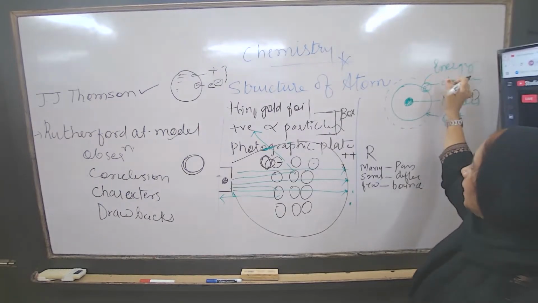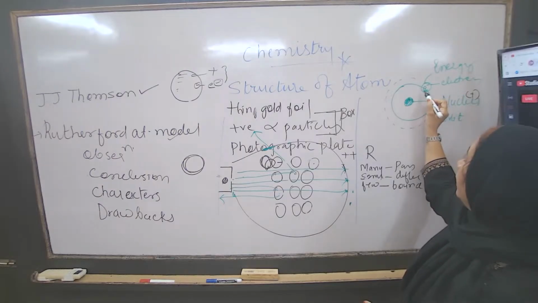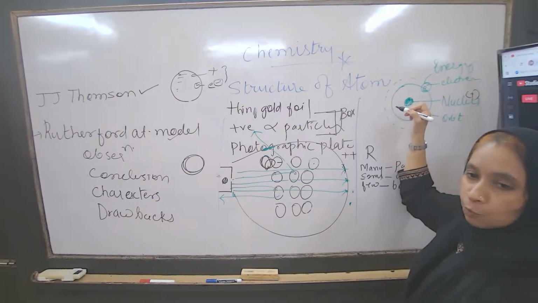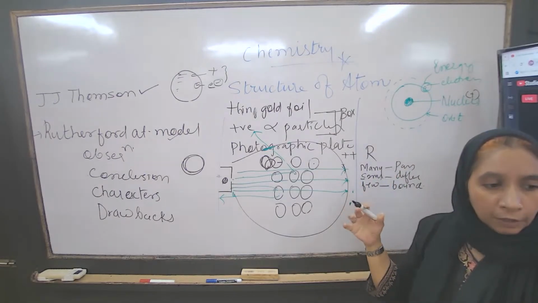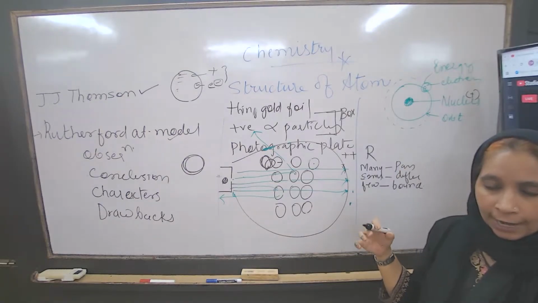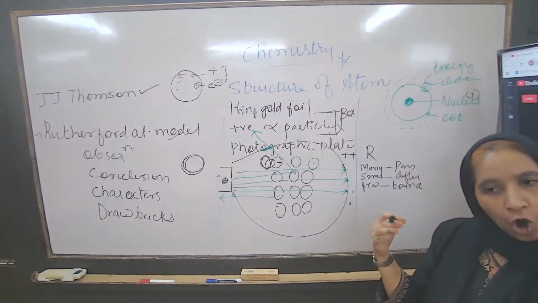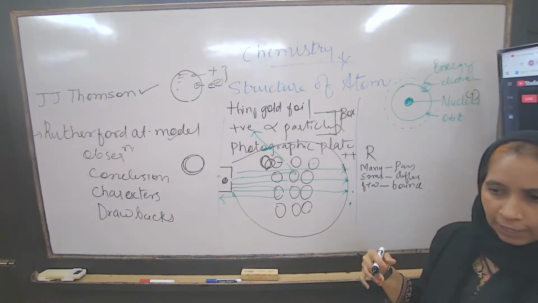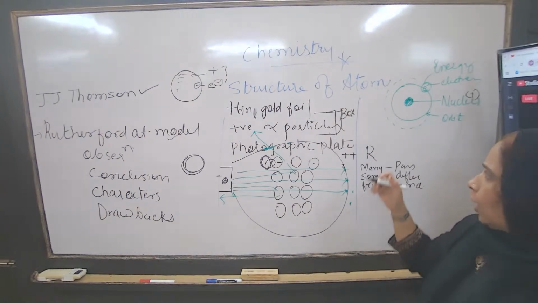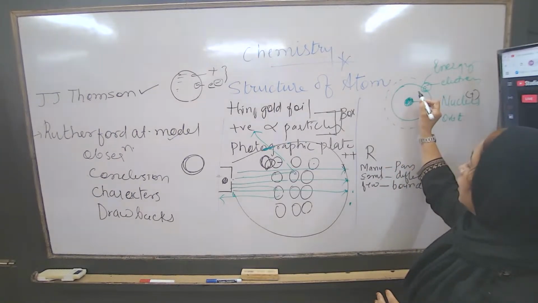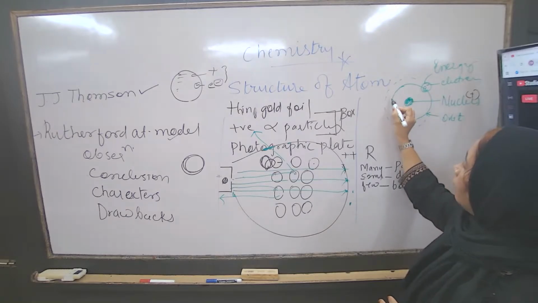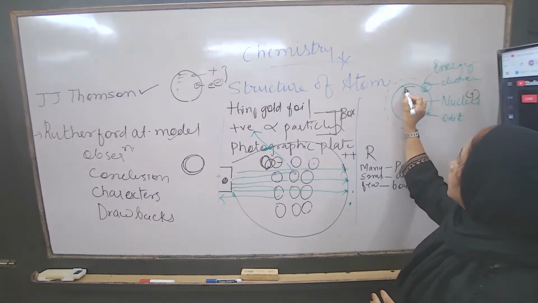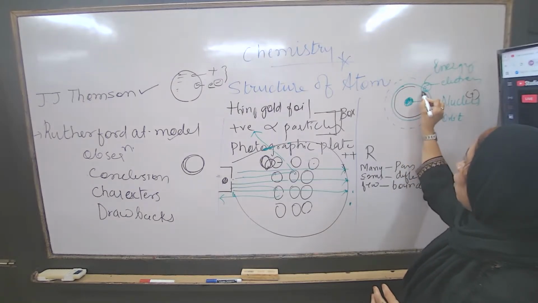Then he said that in the drawback part, when we are saying this electron is moving, whatever energy the electron has will go on reducing. He said it, and we know that its energy will reduce. So with the reduction in energy, the size of the circle will go on decreasing.